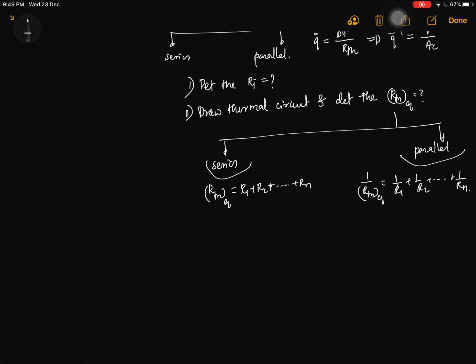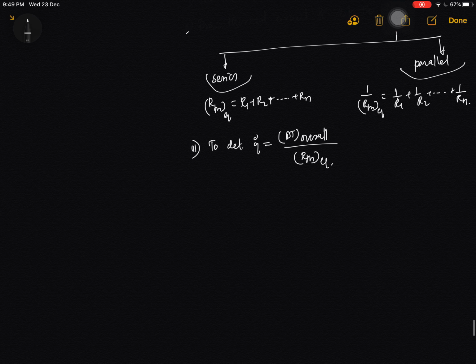So we can use these equations to determine the RTH equivalent. And the last step was to determine the heat transfer rate by the equation delta T overall by RTH equivalent. So this is the equation that can be used to determine the heat transfer rate.